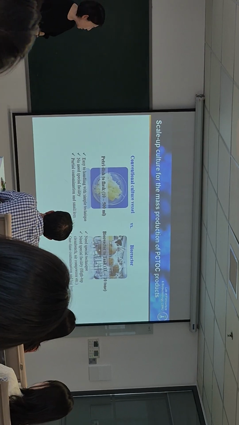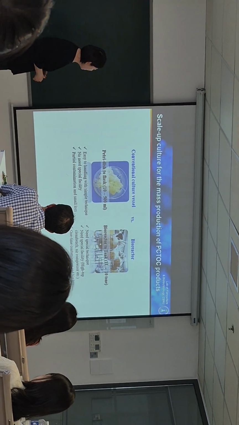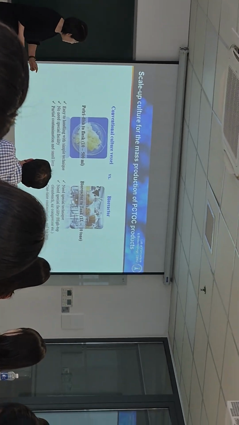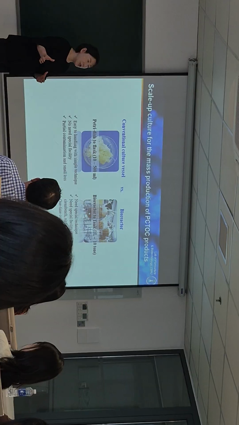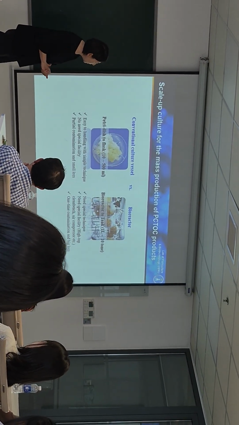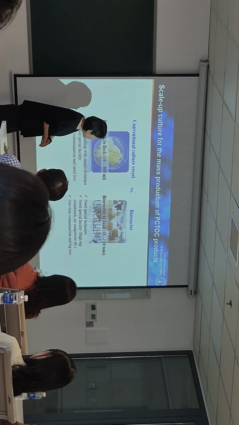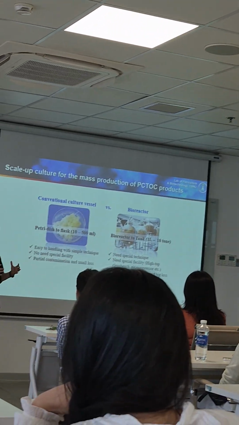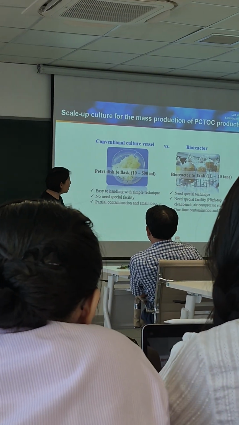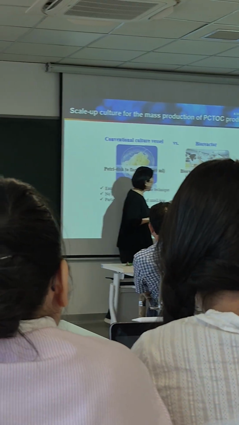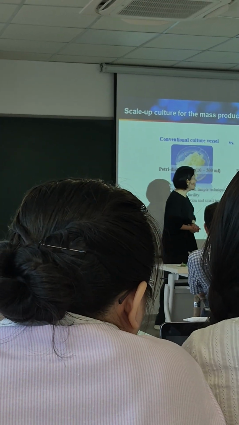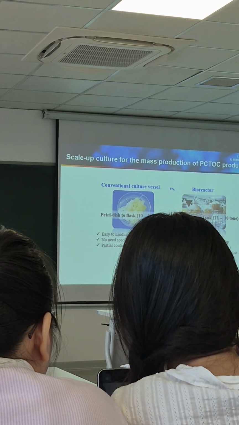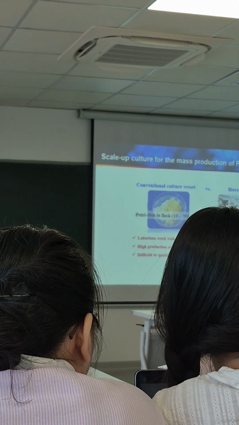The petri dish is easy to handle, needs no specialized facility, and partial contamination is easy to handle; we can just get rid of it. But for the bioreactor, we need special techniques and special facilities like a clean bench and a big bioreactor. Once it is contaminated, we have to discard all of it. That is the disadvantage of the bioreactor.